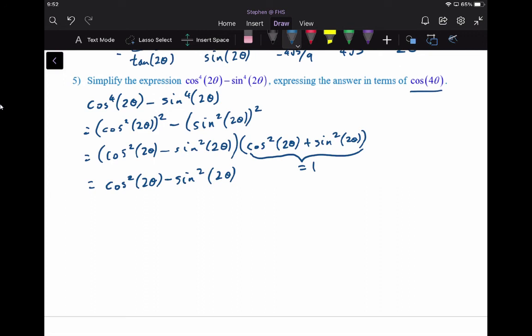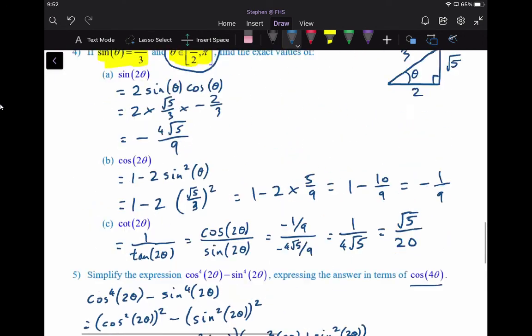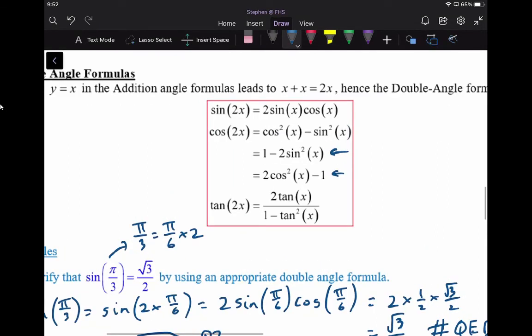And if you look at that in a bit of detail, you might recognize something familiar. We've got a cos squared minus sine squared. Didn't we just see that before? Well, if you look up here, there is cos squared minus sine squared. So cos squared of an angle minus sine squared of that angle is just cos of 2 times that angle.